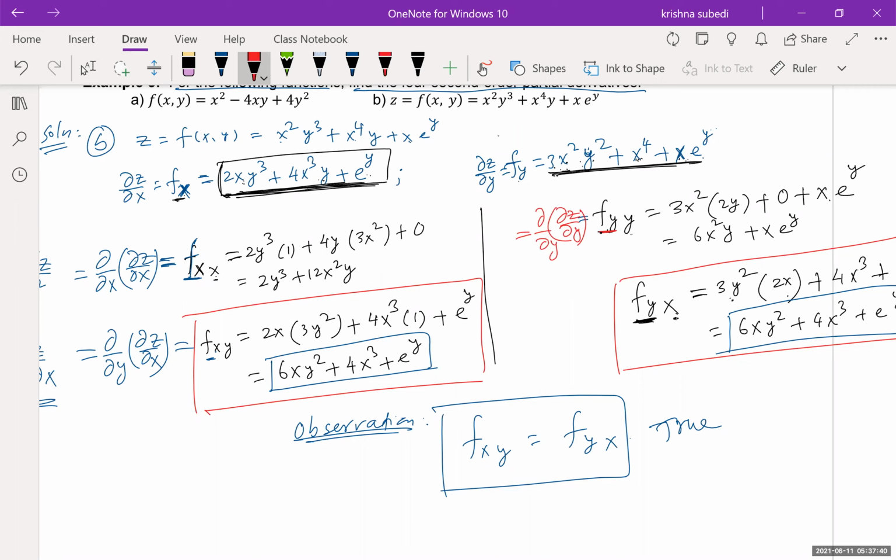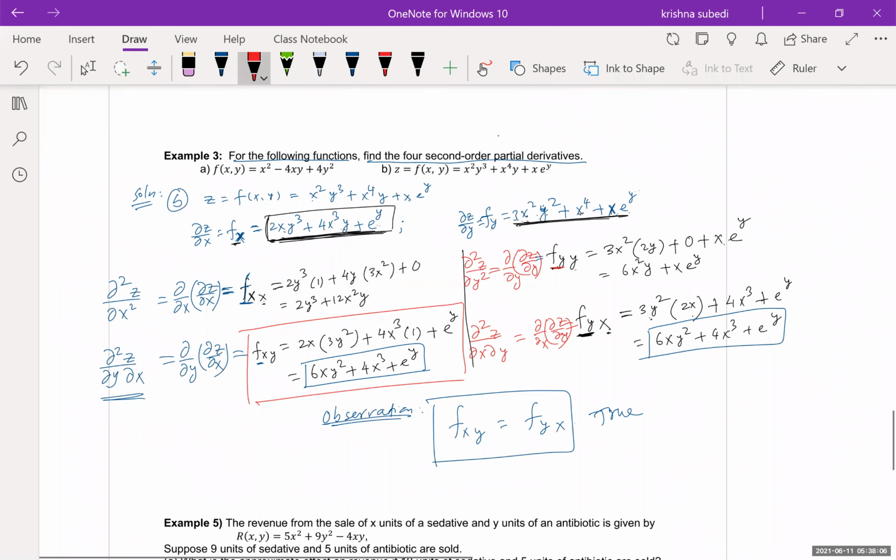Therefore, you can write this as d2z over dy squared. And in this case, also, we already have delta z over delta y, and we differentiate that with respect to x. So if you want, you can write delta 2z over delta x delta y. You can write it that way too.